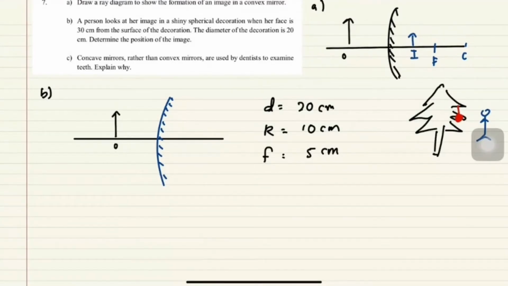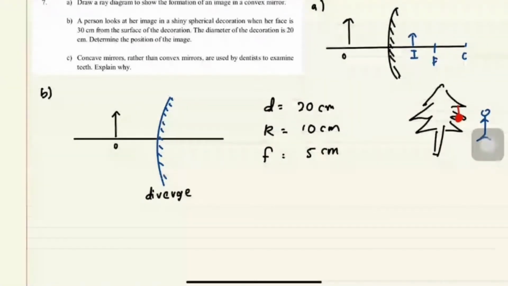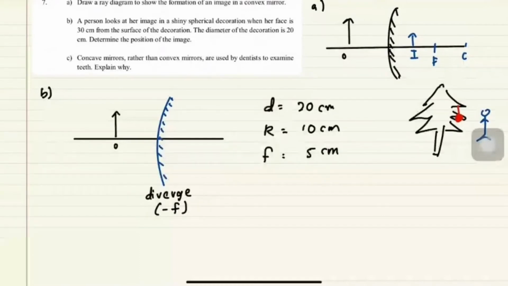Dia adalah diverge kan? Kalau diverge, F dia negative. Yeah. So you really have to memorize yang untuk diverge, F dia negative. Untuk converge, F dia positive. Okay, sifat dia, sifat cermin tu. So it should be negative here.